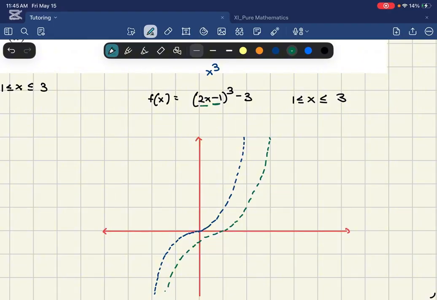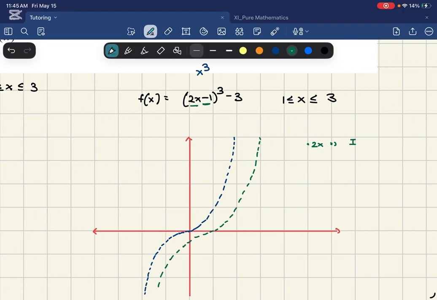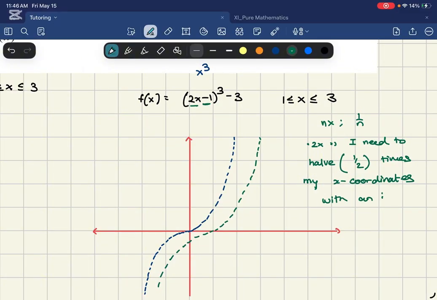So 2x implies I need to have 1 over 2 times my x coordinates. Basically, if you have nx, then it's going to be 1 over n times my x coordinates, with an invariant y-axis.